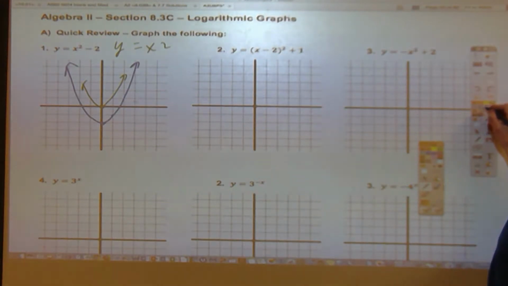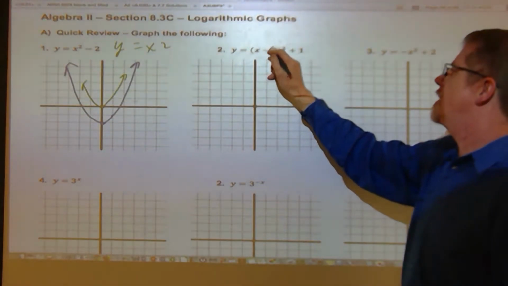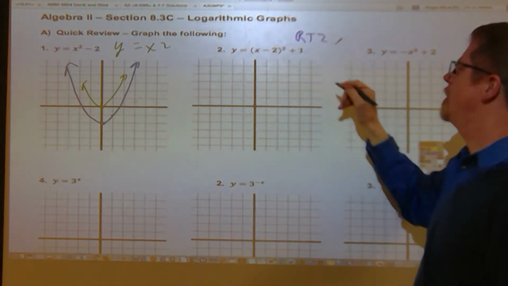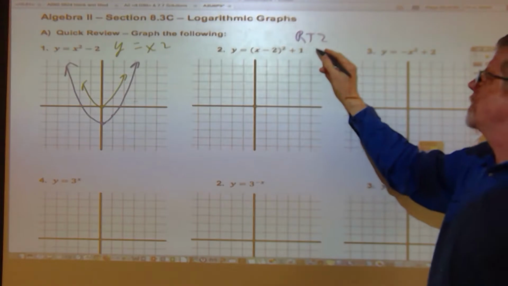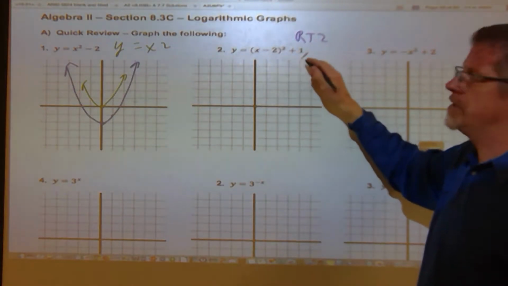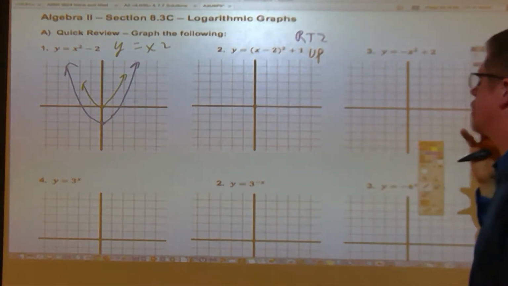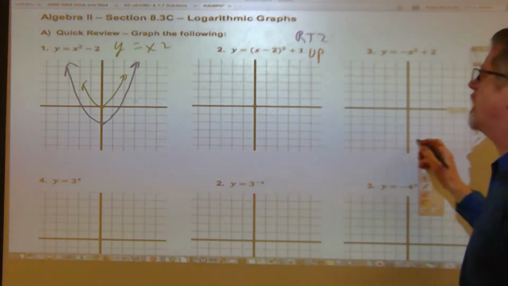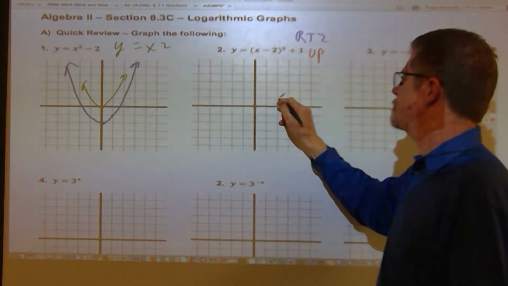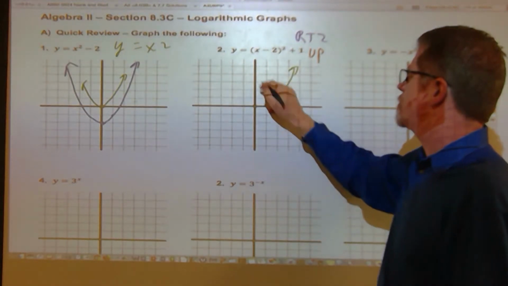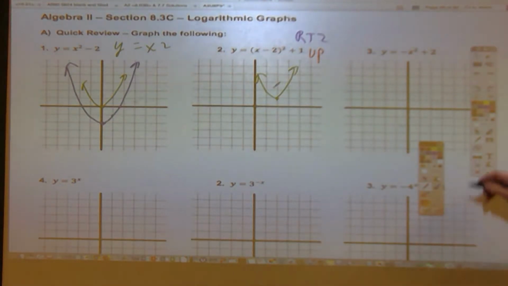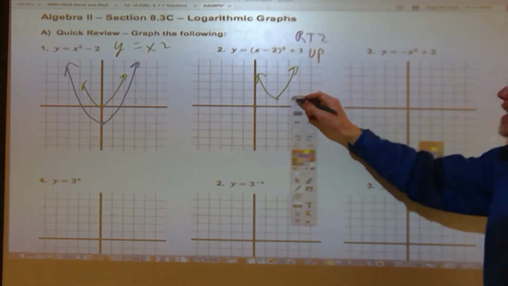To the right. Yeah, that -2 takes us right 2. Then how about the +1, Jay? Yeah, that'd be up 1. So go ahead and transform the x squared parent graph right 2, up 1. You don't have to do anything more than draw the general shape of a parabola. And then try number 3 on your own.